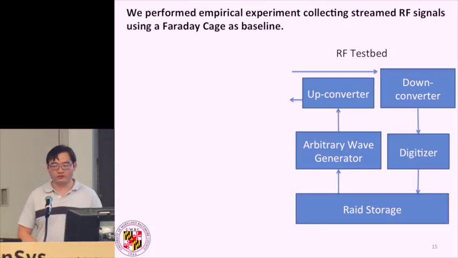So now I'm going to talk about how we actually perform this experiment. So we developed an RF testbed. This RF testbed has the ability to record, stream continuous, the entire 802.11 or the 40 megahertz ISM band. We downconvert that, we digitize it, and we store it to a RAID.